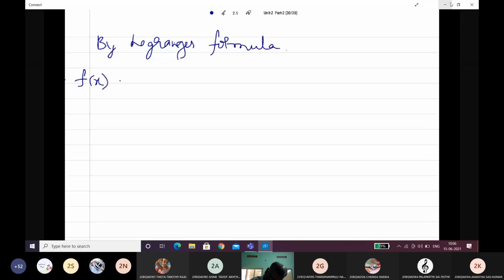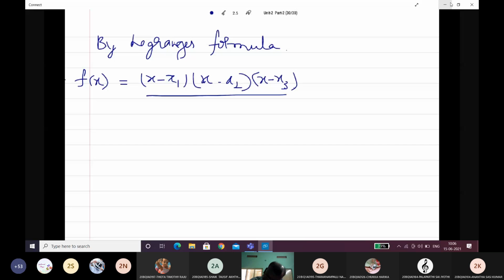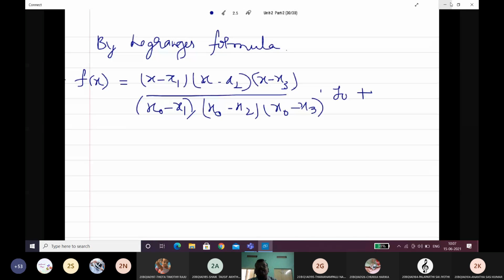F of x is equal to x minus x1 into x minus x2 into x minus x3, divided by x naught minus x1, x naught minus x2, x naught minus x3 into y naught plus, that is the first one. Suppose x4 and x5 were also given, then what happens? The terms increase further. That is important.